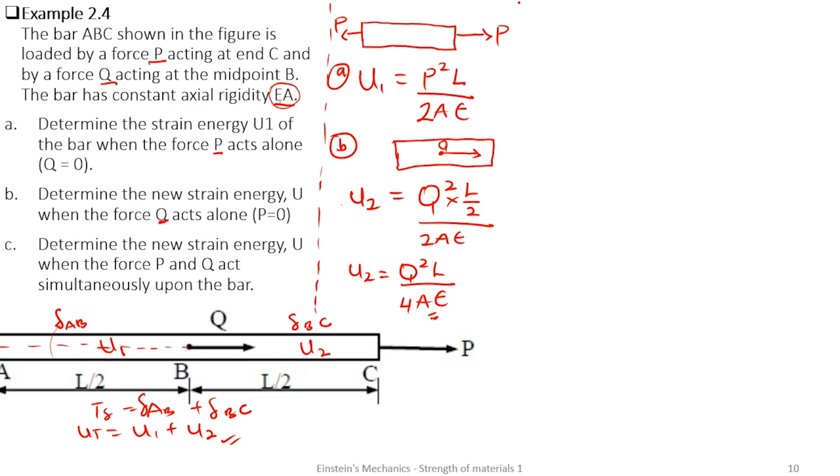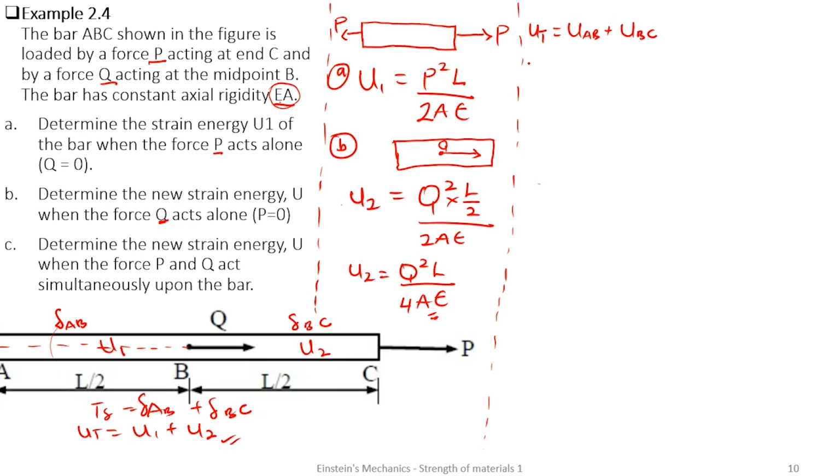So let's look at when P and Q are working, or these two forces are in position, what actually happens to the U? We know that our total strain energy is going to be the strain energy in AB plus the strain energy in BC.